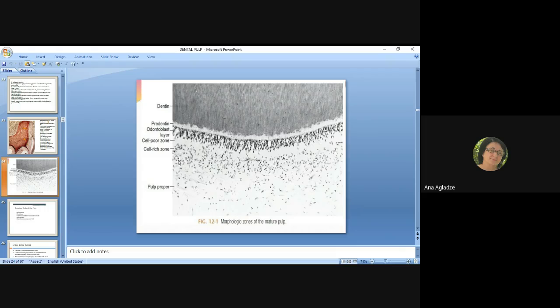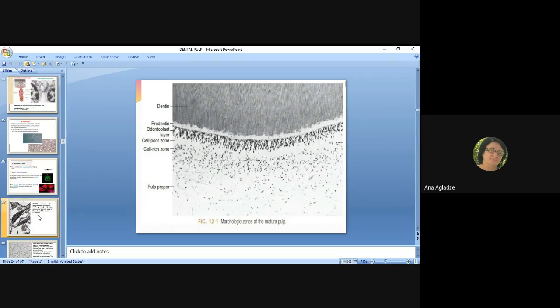The next zone is the cell-rich or bipolar zone, which has a lot of cells, and the main cell type is the fibroblast. Fibroblasts can be found in a resting or active functioning state, and they are still undifferentiated replacement cells of the pulp, and these fibroblasts are the most common cells found in dental pulp.